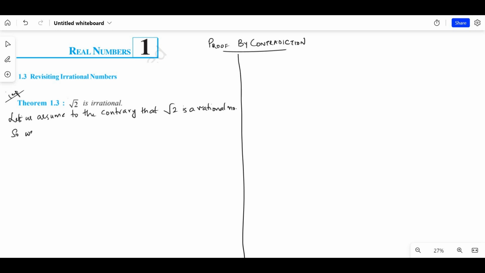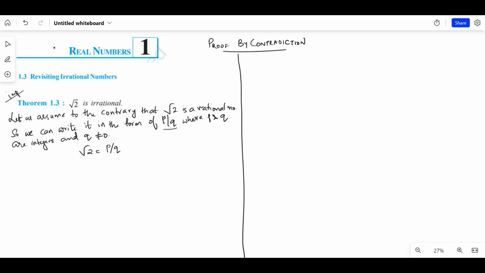So we can write it in the form of P by Q, where P and Q are integers and Q not equal to 0, because a rational number is a number which can be represented in the form P by Q, where P and Q are integers and Q is not equal to 0. So we can write root 2 as P by Q.